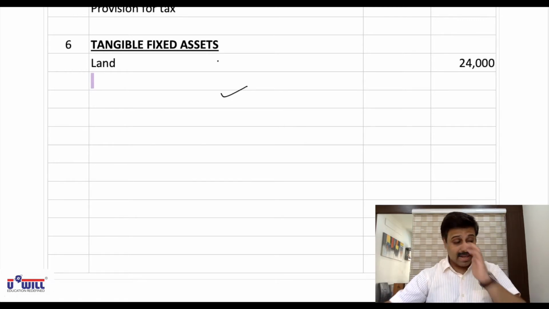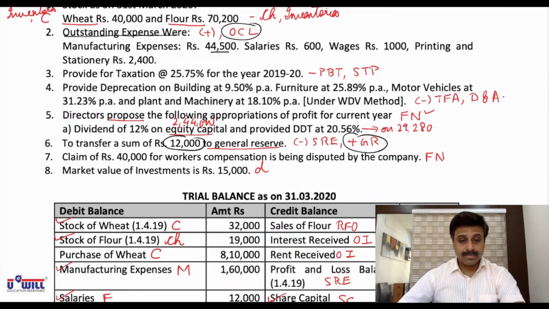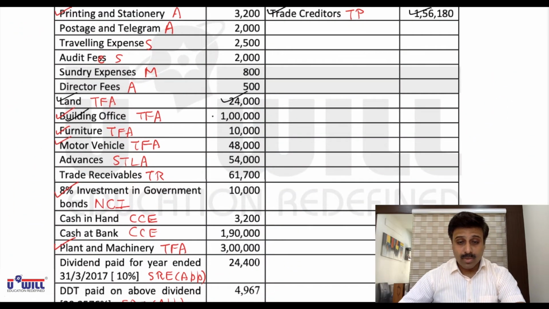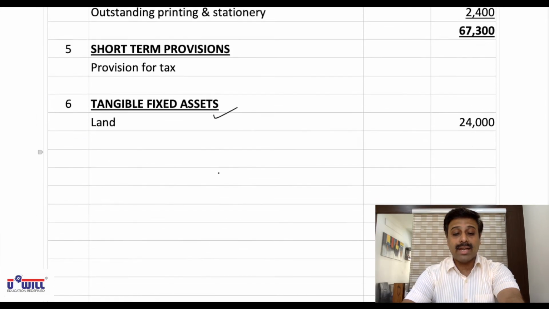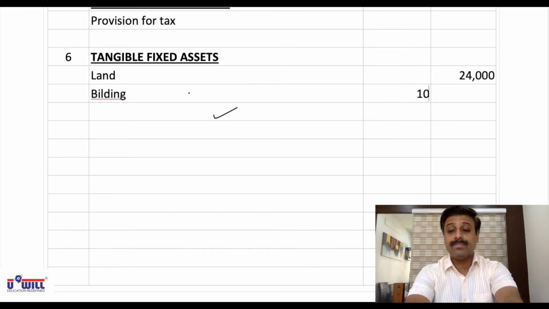Then after land we have building office. Now there is a tick on that, so 1 lakh. Building 1 lakh will come in inner column. There is depreciation on that. So building 1 lakh in inner column. From that we have minus depreciation.